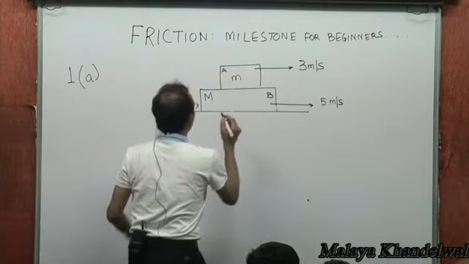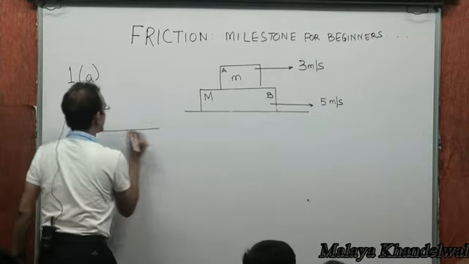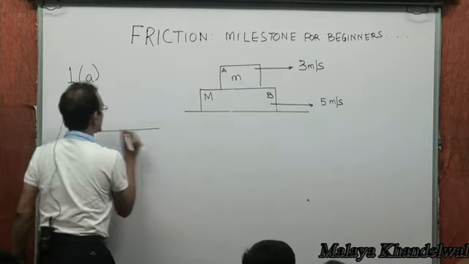Now, the AB interface, see, this is AB. This is A, this is B. A moving with a velocity of 3 meters per second and B moving with a velocity of 5 meters per second. All right. Which means the velocity of B with respect to A, the velocity of B as seen by A, is to the right.